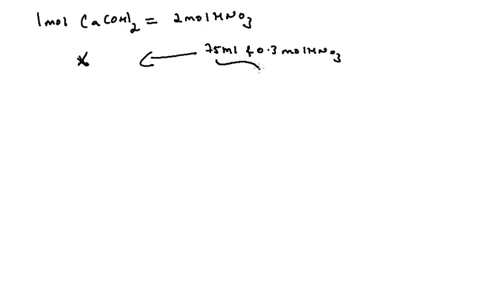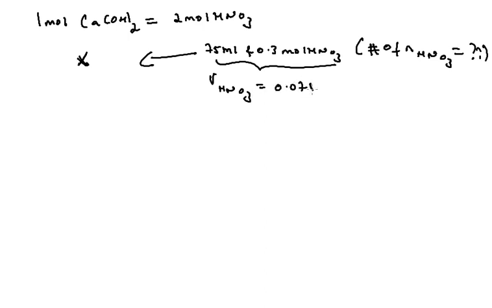Now, this is an indirect problem here. We don't have the number of moles. We're actually looking for the number of moles of nitric acid, but we are not given it. What we are given is the volume of nitric acid, which is 75 milliliter, or 0.075 liter, and the molarity of nitric acid, which was 0.3 molar.